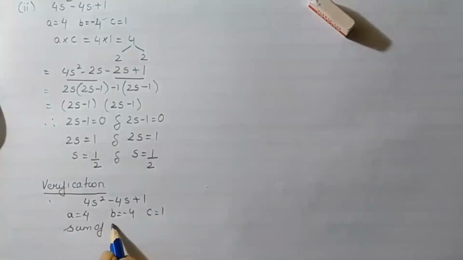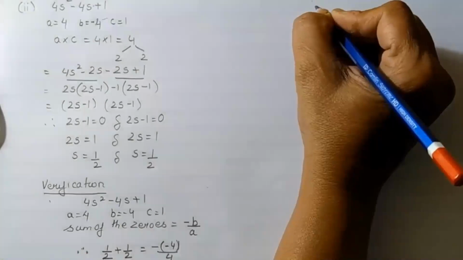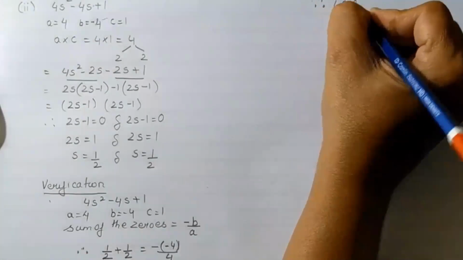Sum of the zeros is equal to minus B upon A. Therefore, it is 1 upon 2 plus 1 upon 2 is equal to minus of minus 4 upon 4, which is equal to plus 1.